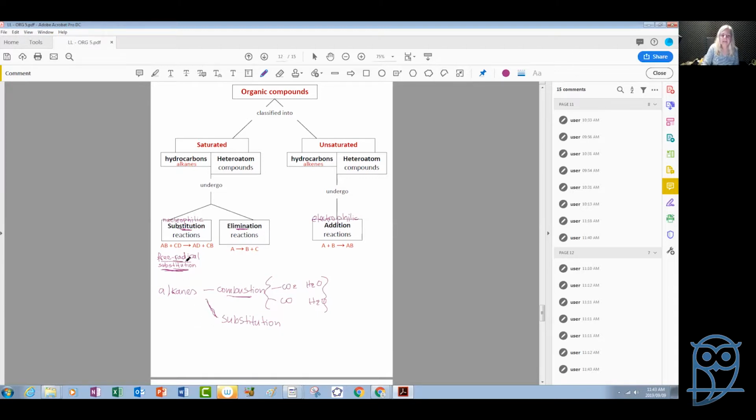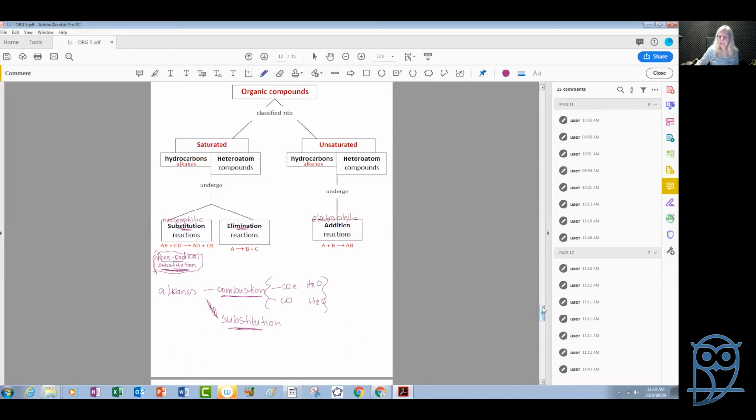But nevertheless, if free radicals are available, they force them to react, and they undergo substitution reactions. So in other words, for alkanes, we need to know that they undergo combustion reactions and substitution reactions in terms of this free radical. These free radical substitutions are particular to the alkanes.